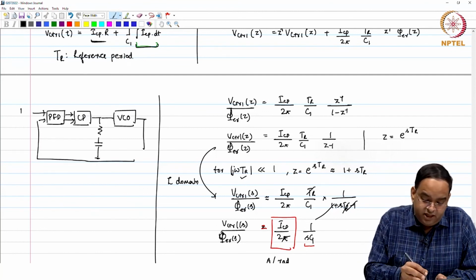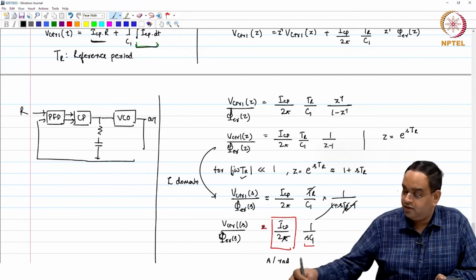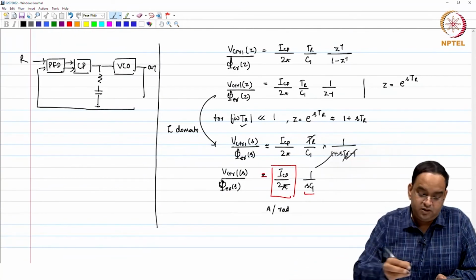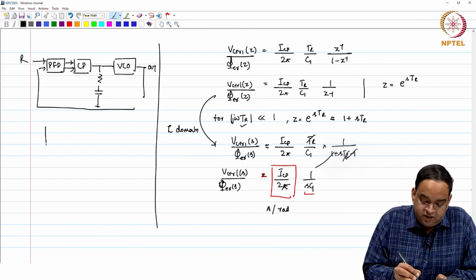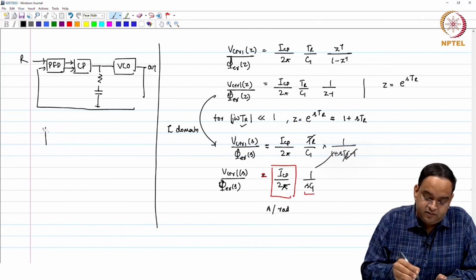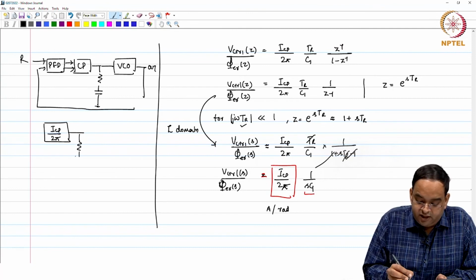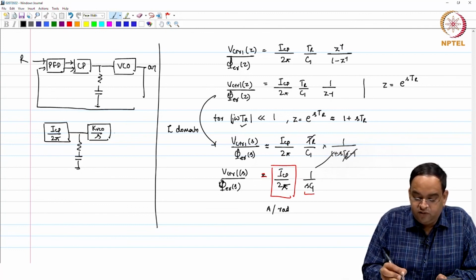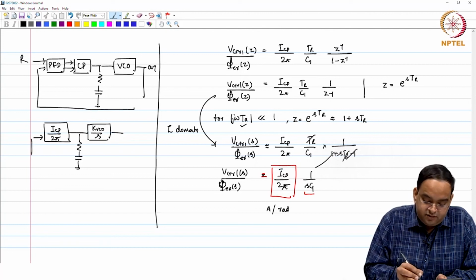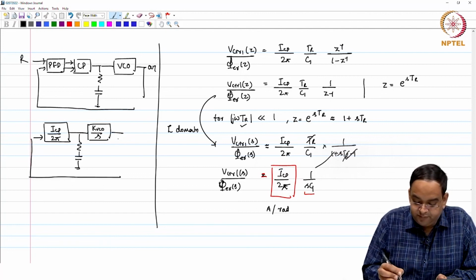The gain of PFD plus charge pump is I_CP by 2 pi. That goes to the loop filter, and we can use the Laplace domain to analyze this block now, which we will see soon in the next session.